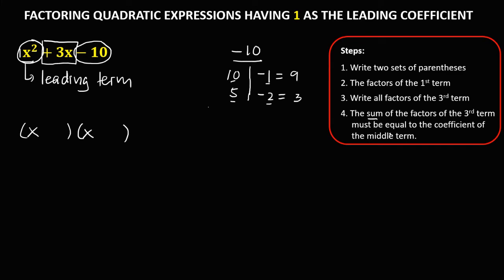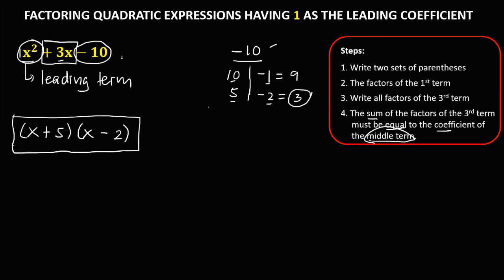Since the sum of the factors must be equal to the coefficient of the middle term, and the coefficient of the middle term is 3, the factors of negative 10 are positive 5 and negative 2. So these are the factors of this quadratic expression.